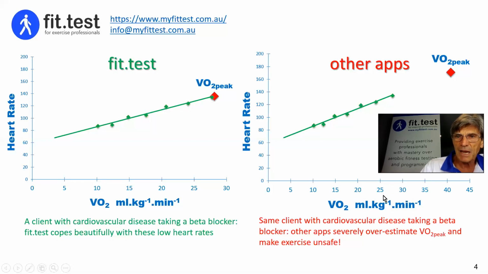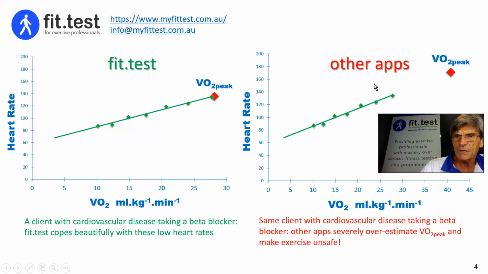Now, in the second example over here, we have exactly the same client with the same exercise data, but this time if you were to use another app, which didn't give you this control over heart rate, then you get this huge gap between the actual heart rates recorded during exercise and what the final VO2 peak estimate would be based on an age predicted heart rate peak, which in this case would severely overestimate this person's VO2 peak and make exercise unsafe.